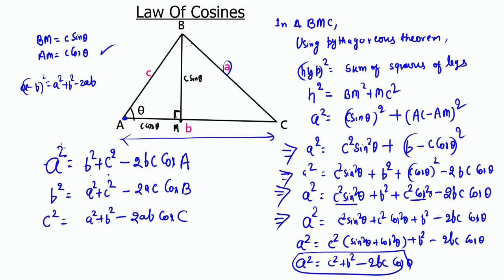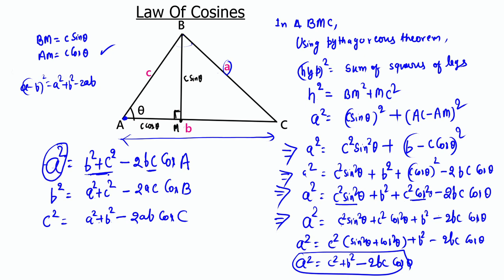If you are taking one of the sides, the square of that side is equal to the sum of the squares of the two other sides that remain, minus 2 times the multiplication of the lengths of the other two sides times cos of the angle opposite to the unknown side.